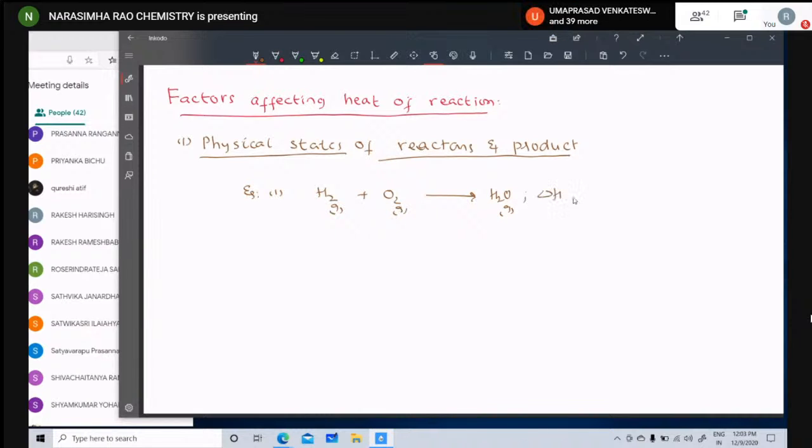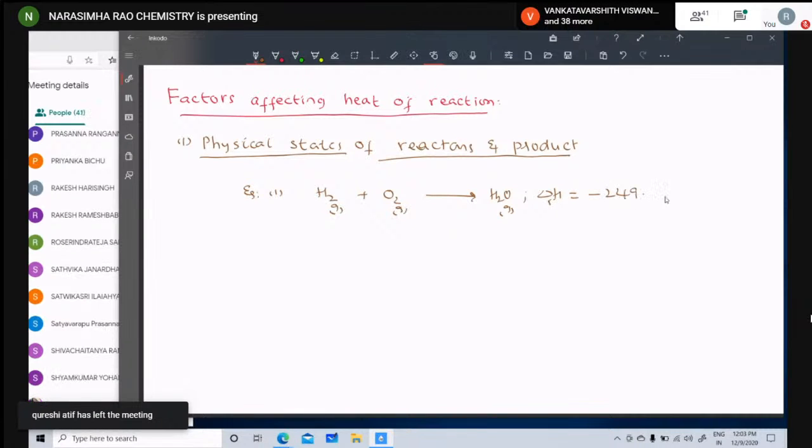For this reaction, delta H of reaction is minus 249, roughly I am taking, kilojoules mole inverse.